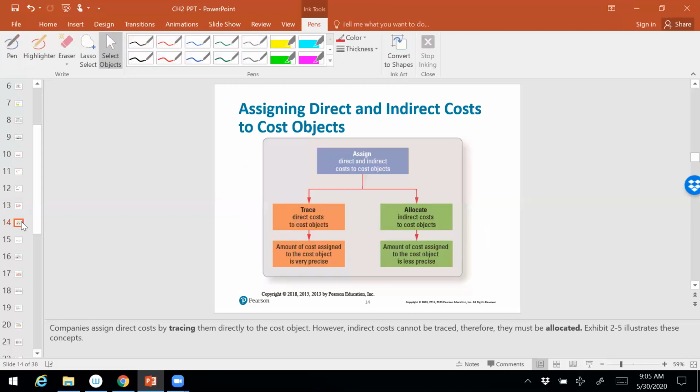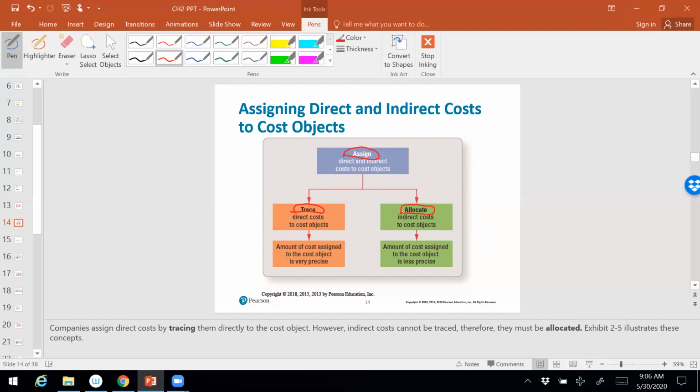Okay, next one. When we talk about costs, we always say we assign cost to cost object, but if it's the direct cost, we use the word trace. We can trace the cost directly to the cost object. But if it's not direct, if it's indirect, we cannot trace.